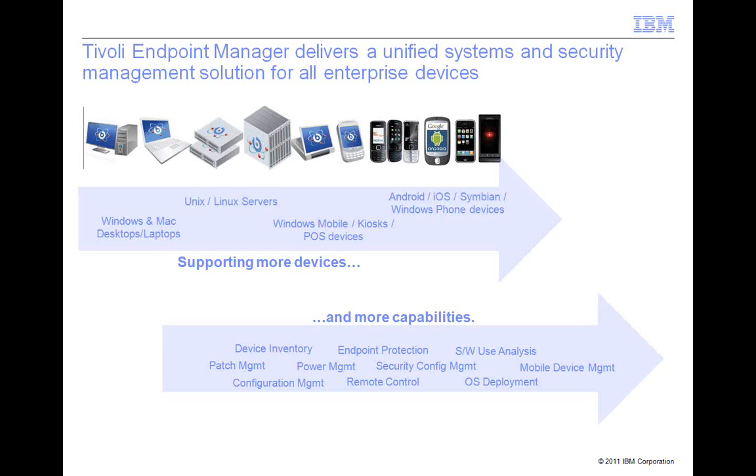It can also manage the new generation of endpoints, which is the handheld devices running the Androids or the iOS, Symbian, or Windows phone operating systems. The number of platforms is increasing quite rapidly. More and more devices, more and more platforms, as they come in, are being brought under management.